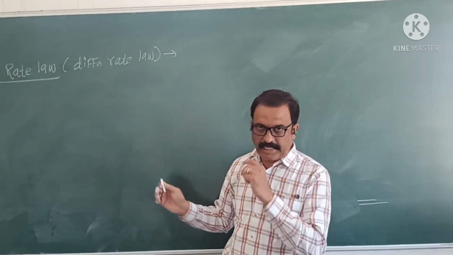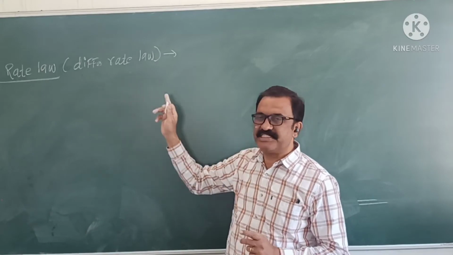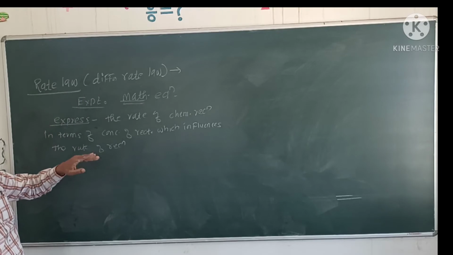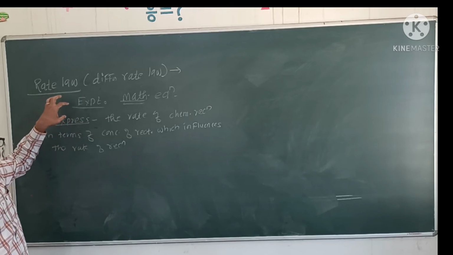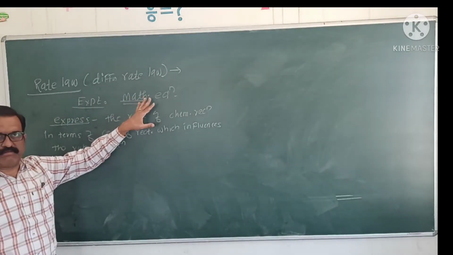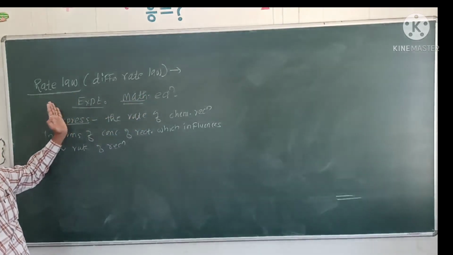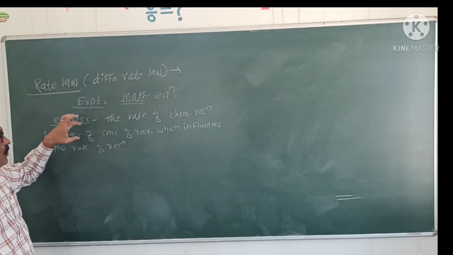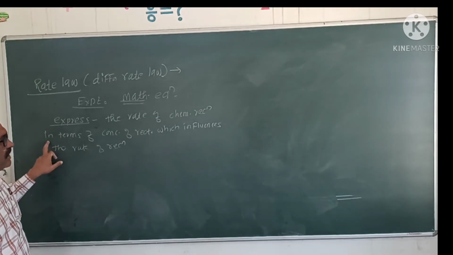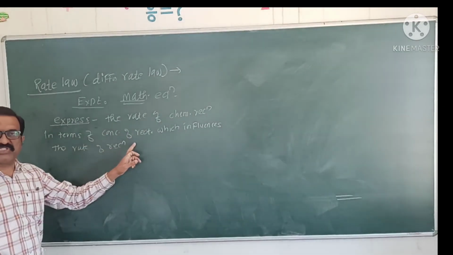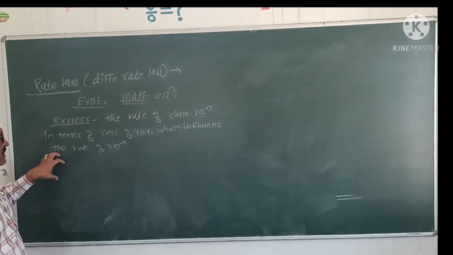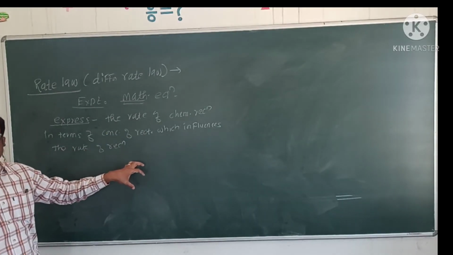Now, this rate law or differential rate law can be stated as an experimentally determined mathematical equation which expresses the rate of chemical reaction in terms of the concentration of reactants which affects the rate of a given chemical reaction.